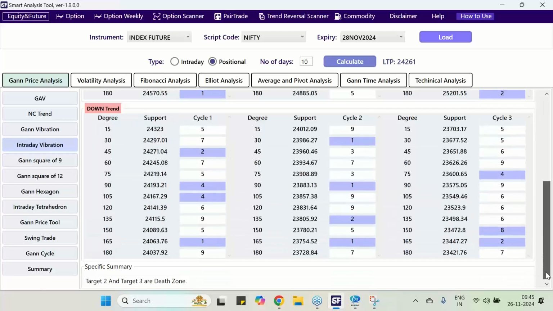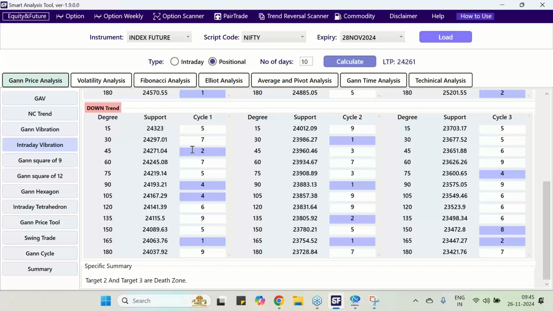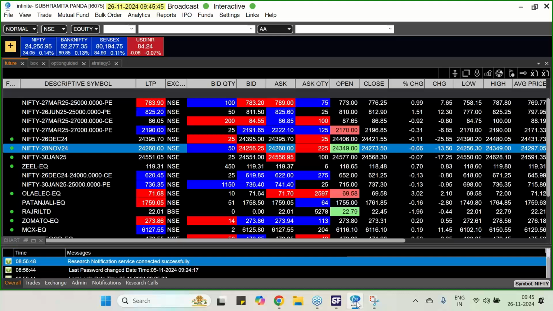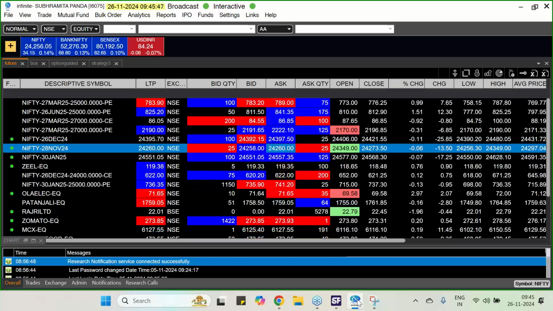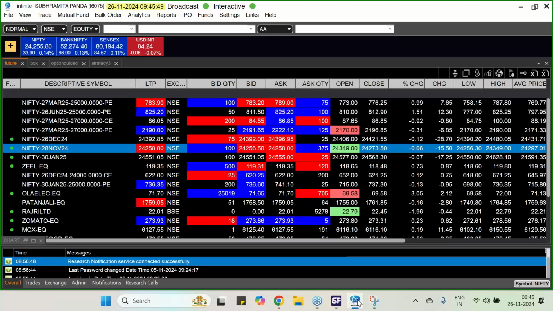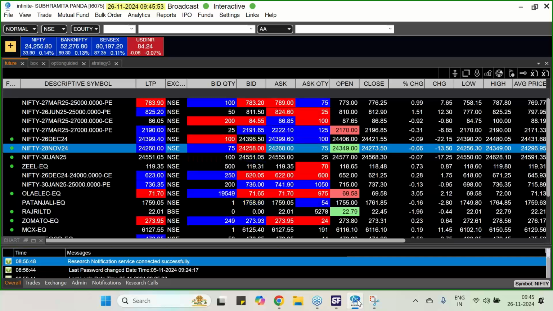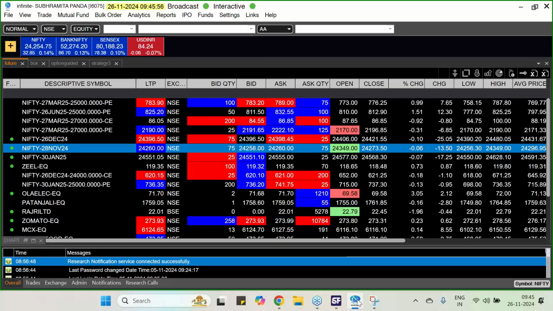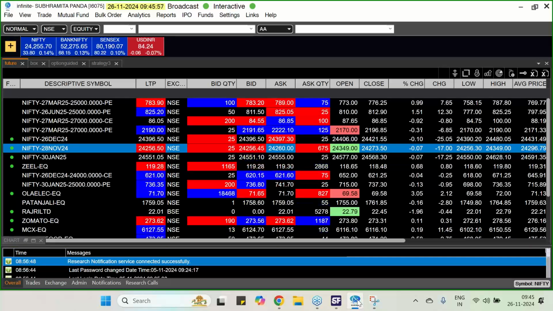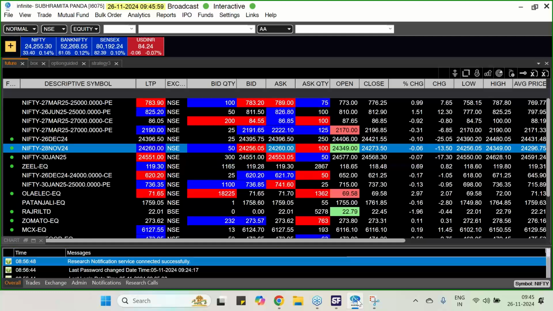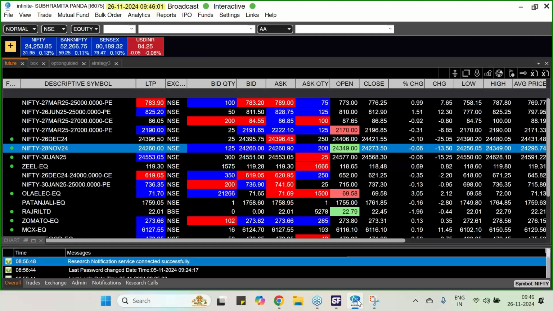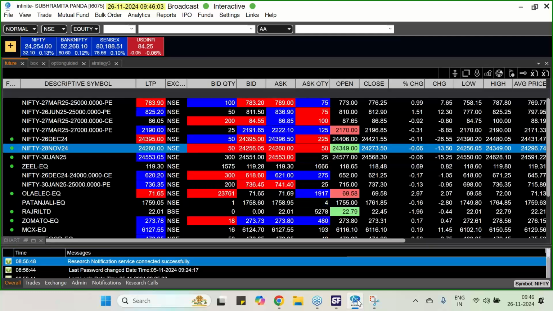But downside these vibrations are still intact. Now you are having 24,193. This is the price point. 58 was there, 56.30 also has come as the low. So low is going on changing, so your vibration also will change.